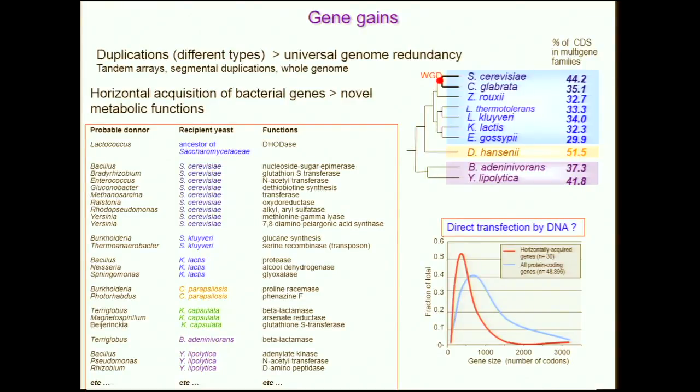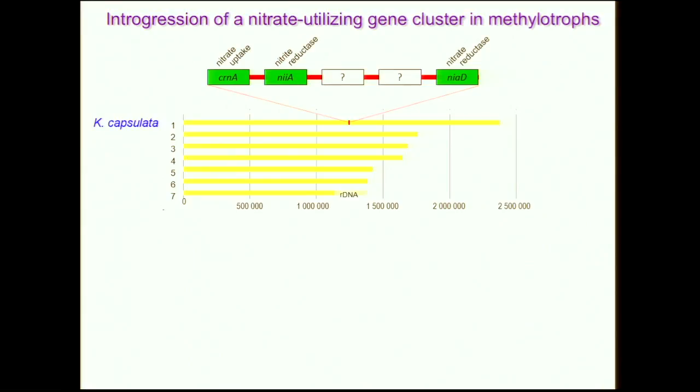Not only that, but we find not only small pieces of DNA, but huge pieces of DNA introgressed into yeast. This is something we recently discovered in Kuraishia capsulata, a member of the methylotrophic group. In this piece of the chromosome, there are 5 genes, 3 of which, in order, come from a nitrate reductase cluster: the transporter, the nitrate reductase, and the nitrite reductase.